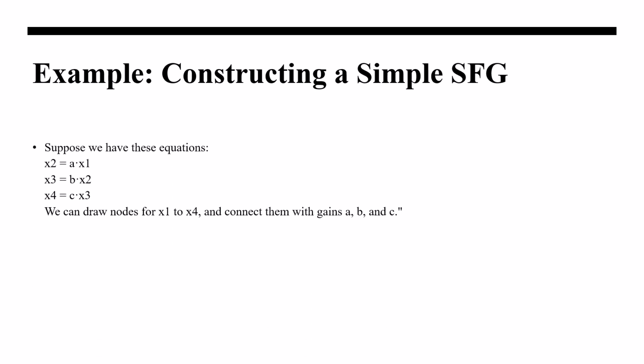So if you see, this is one of the signal flow graph diagrams. x2 equals a x1, x3 equals b x2, and x4 equals c x3. Here a, b, c may be the gains, or they may be represented in feedback loops also. We can draw the nodes x1 to x4 and connect them with gains a, b, c.